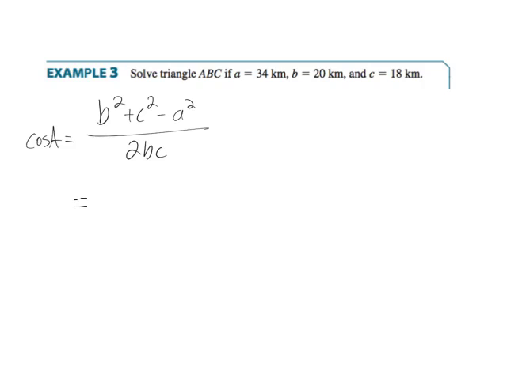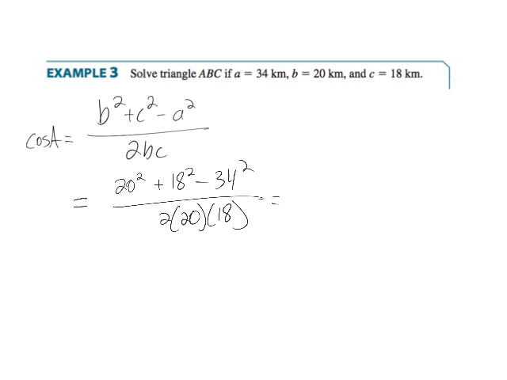So here I've got B is 20 squared plus 18 squared minus 34 squared over 2 times B times C. All right, so if we do that, 20 squared is 400 plus 18 squared, 324, minus 34 squared.